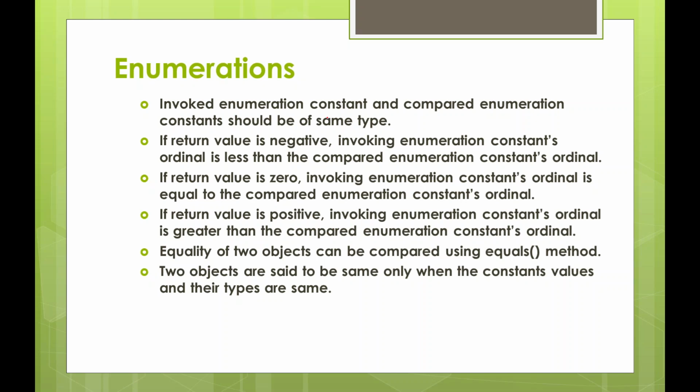This is what we explained just now: whenever you try to invoke one particular constant, that is when your constructors will be called. And then the compareTo function: you are trying to compare two variables of the same enumeration type, that is MWV and MWV1.